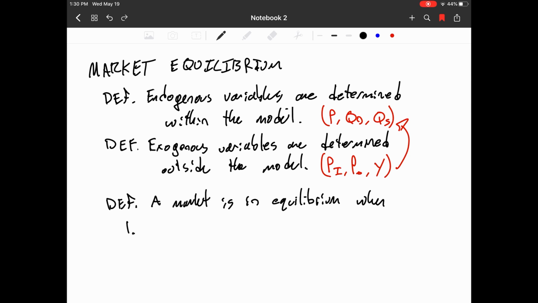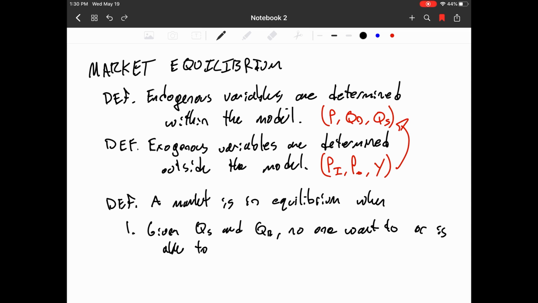One, given QS and QD, no one wants to or is able to change their prices.